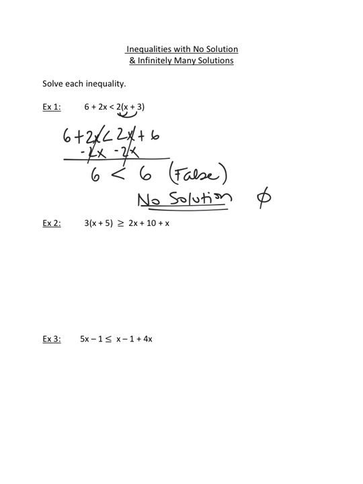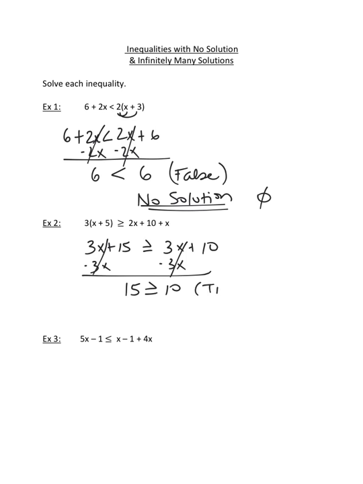If you look at example 2, I'm going to distribute. I have 3x plus 15 is greater than or equal to 3x plus 10. As I try to isolate x, I subtract 3x on both sides, and I look at what's left. 15 is greater than or equal to 10. Well, that's true, so this tells me that all real numbers work for this inequality.